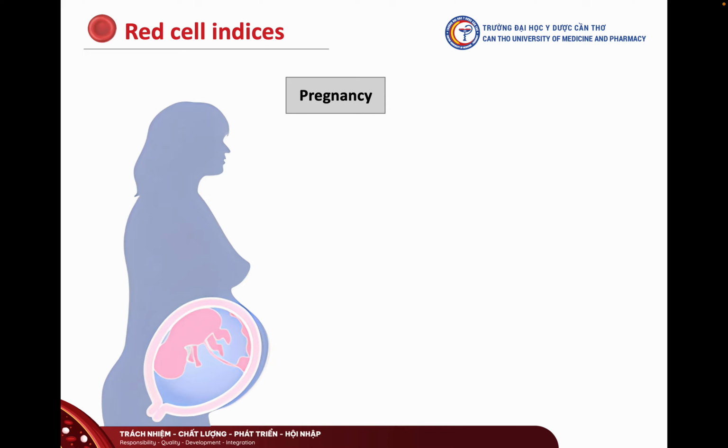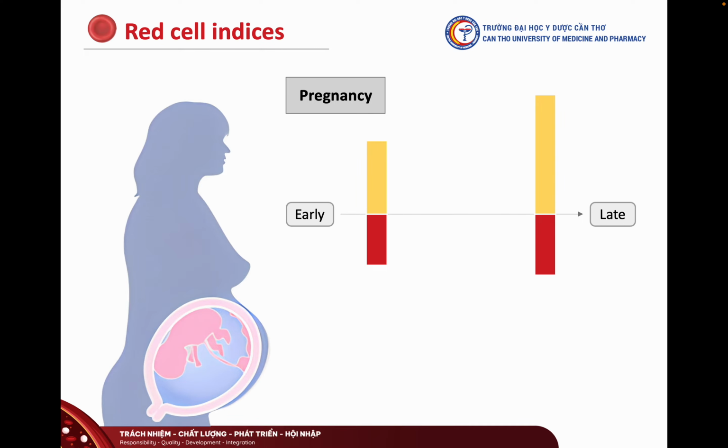And now, when interpreting the hemoglobin levels, remember that several factors can affect the results, including pregnancy, age, and acute blood loss. Let's start with pregnancy. From early to late pregnancy, both red blood cell mass and plasma volume increase.